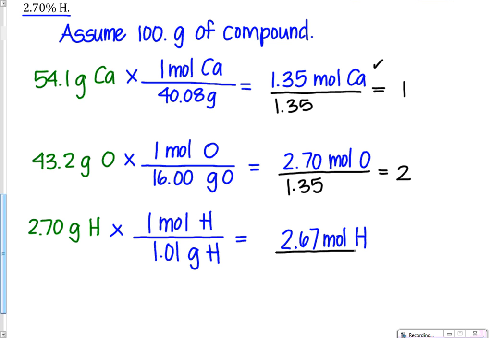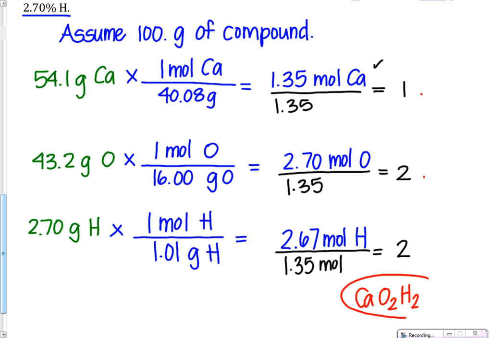If I take 2.67 and divide by 1.35, I'm going to get pretty darn close to 2. It's like 1.98, and so I'm going to round that to 2. These are our subscripts in our chemical formula. So I will say Ca has a subscript of 1, oxygen has a subscript of 2, and so does hydrogen.